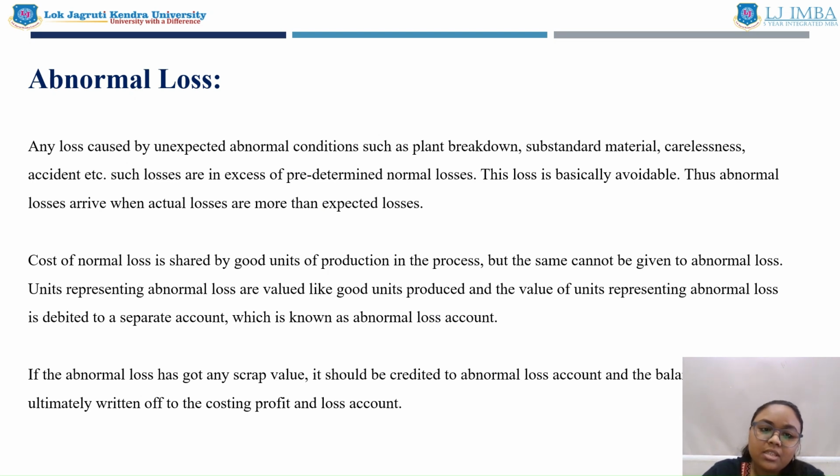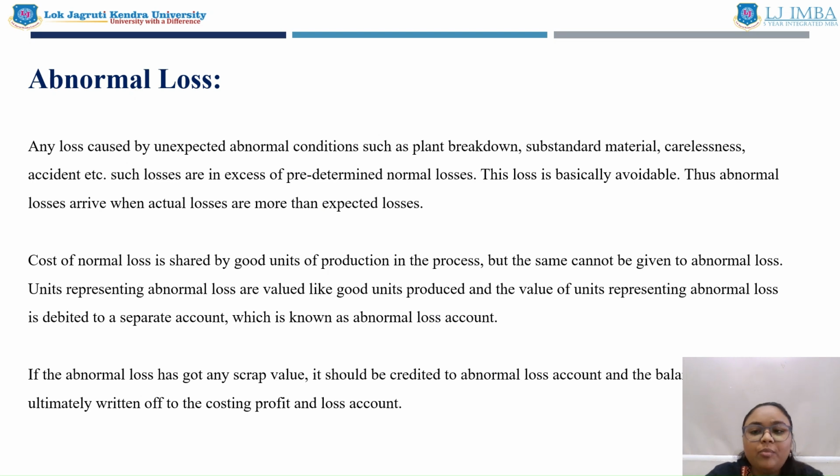So such losses are in excess of the predetermined normal loss. These losses are basically avoidable. Thus, abnormal loss arises when actual losses are more than the expected losses. See, normal loss is the expected one. We expect that this much wastage or loss is going to occur.